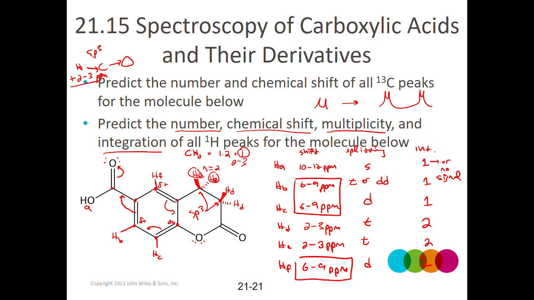So B and F would probably be de-shielded, because of the positives attracting electrons. And that de-shielding would cause them to shift maybe closer down to 7, 8, or 9, the higher ppm side.